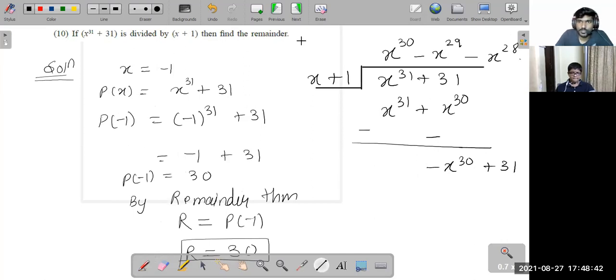Have you understood this? Okay, so write down this.